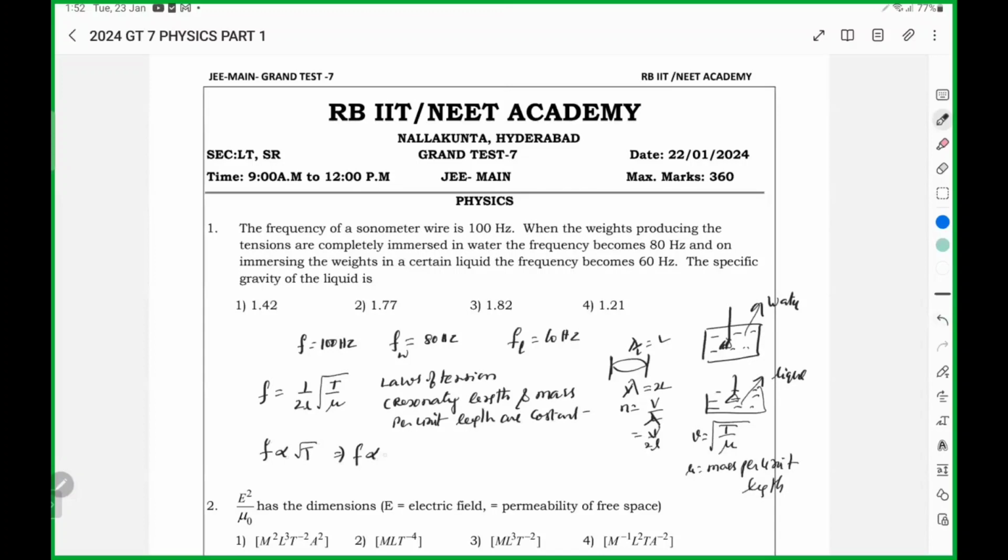The mass anyhow will not change, so it is proportional to the root of mg.